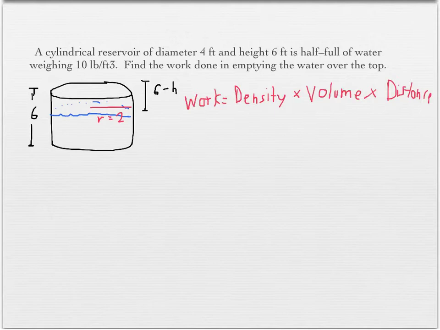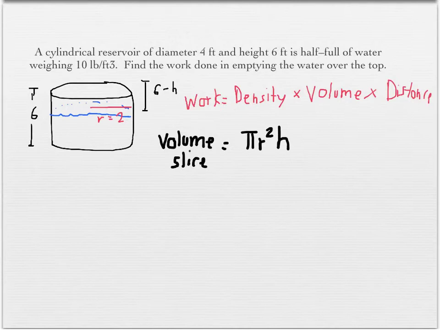Once again we're going to try to think of the disk method in a sense, trying to think of a slice of what this volume would look like. And so I think you see that the volume of this slice that we're going to make is going to be pi r squared times the height.